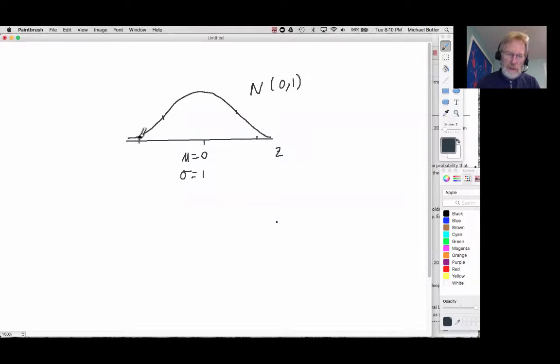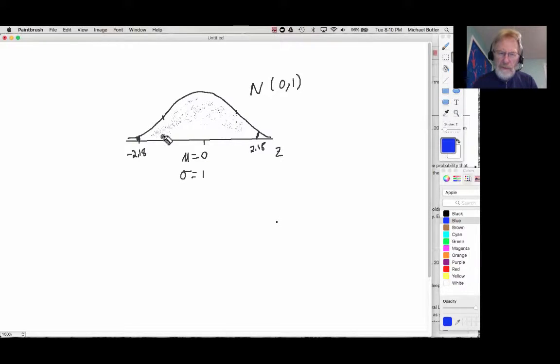So we want the probability of being between those two points. If that's negative 2.18 there, and this is 2.18 here, the probability they're looking for is the shaded region in here.